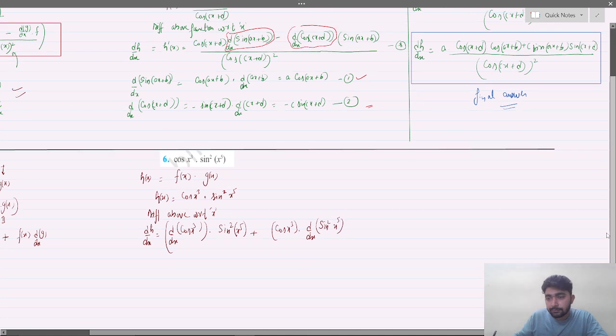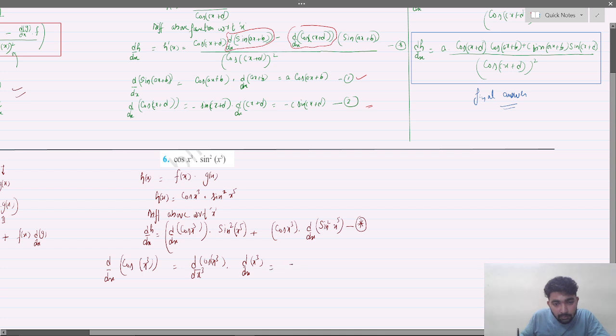Now here you can observe that we will again break our question into two parts. First of all, we will find the derivative d by dx of cos of x cube. How can we find it? The derivative of the outer function with respect to the inner function, and the derivative of the inner function with respect to x.